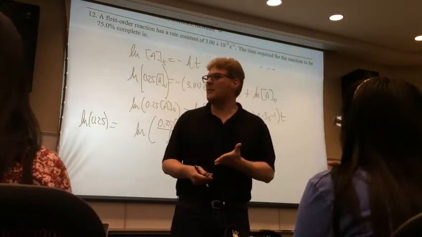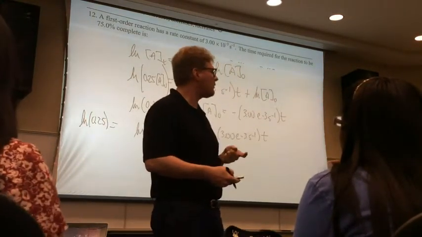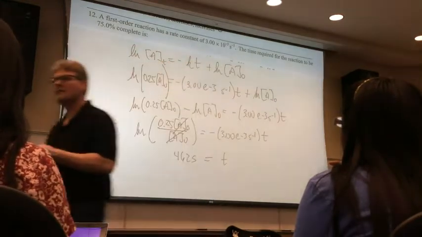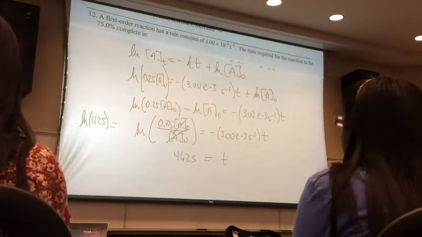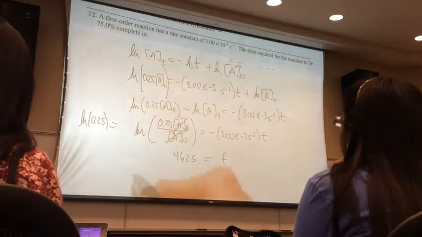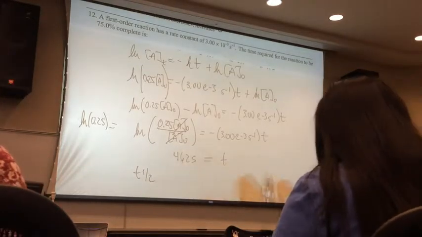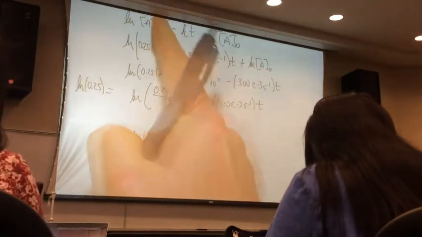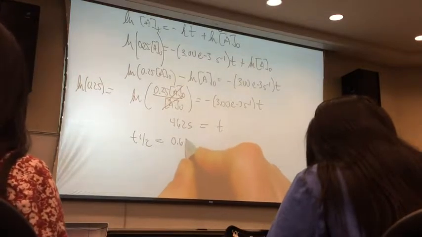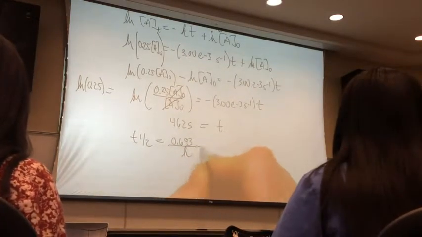And do we have an easy way to figure out what the half-life of a first order reaction is? 0.693 over k. That's right. Remember, the half-life, t1/2, for a first order reaction is 0.693 divided by k.